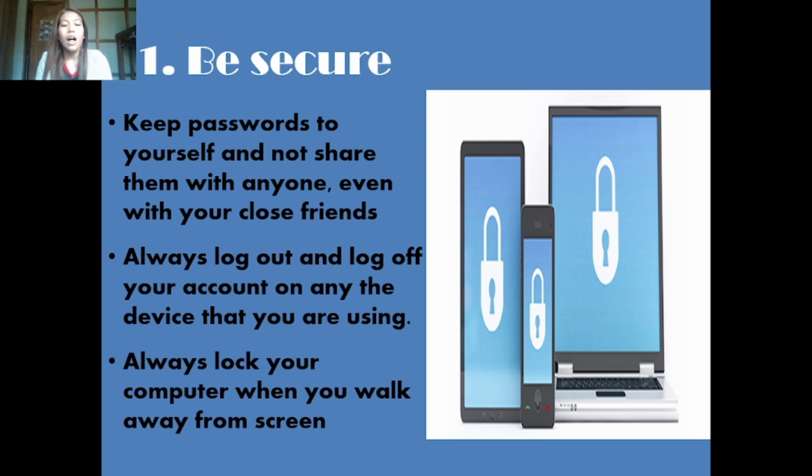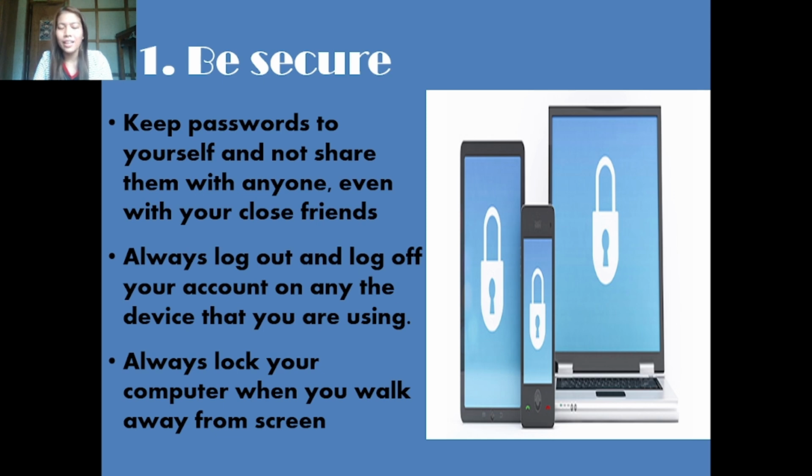Of course, always log out or log off your account on any device that you are using. When you are using your cell phone, you should log out. Or if you are using your laptop, remember to log out, especially when you use a computer shop.